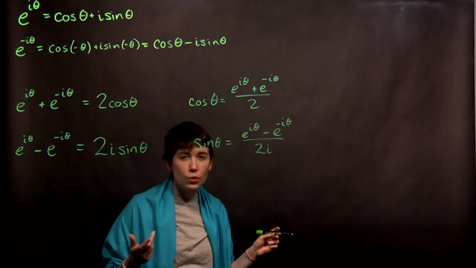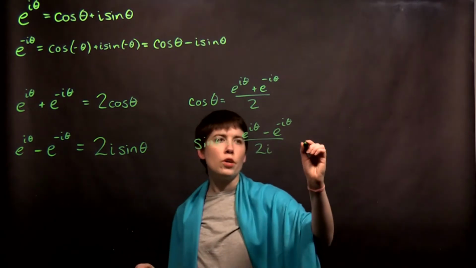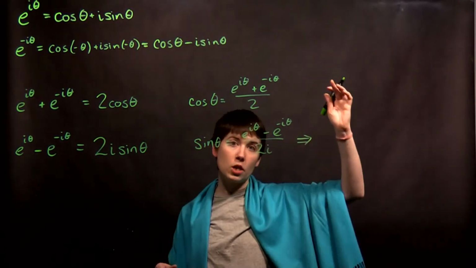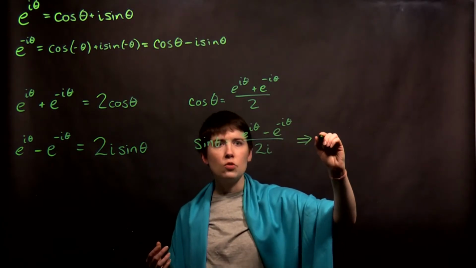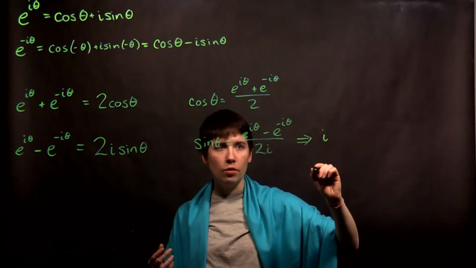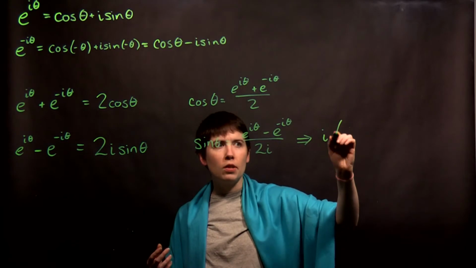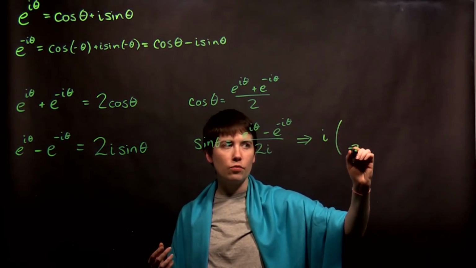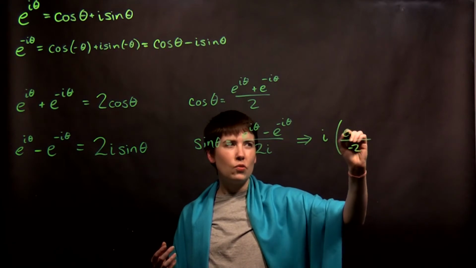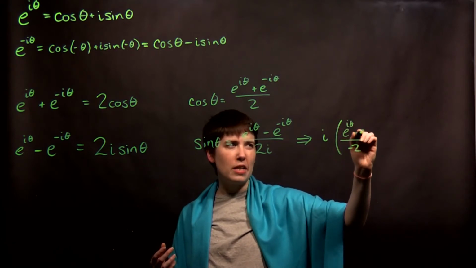If you wanted to, we could rearrange this. We could, for instance, multiply both the top and the bottom by i, if you don't like i on the bottom. That would give you an overall i on top, but because we've multiplied i on the bottom, that would actually give us negative 2. So it's not really very nice to write it this way.